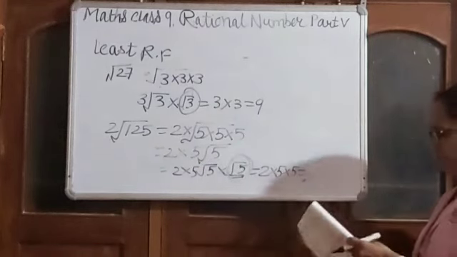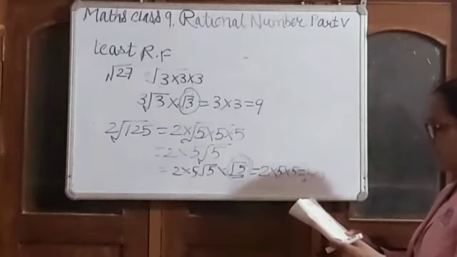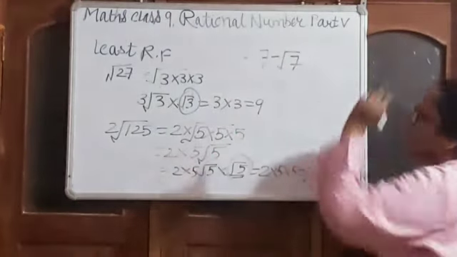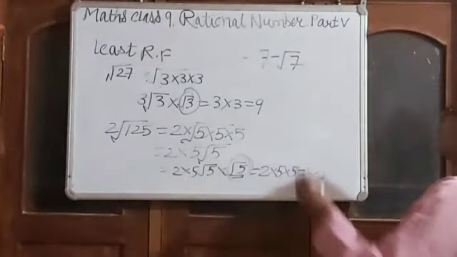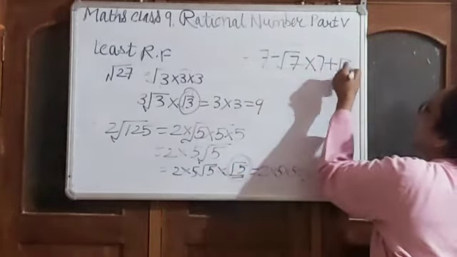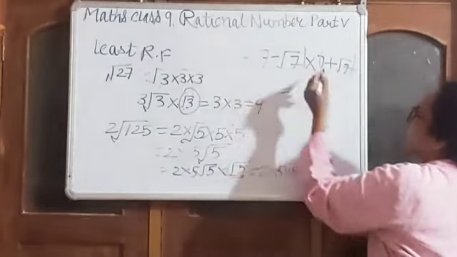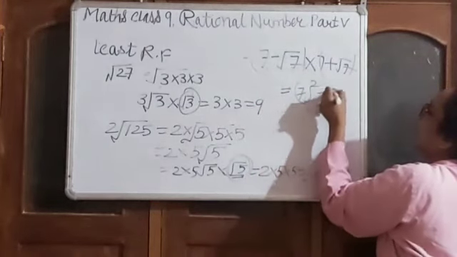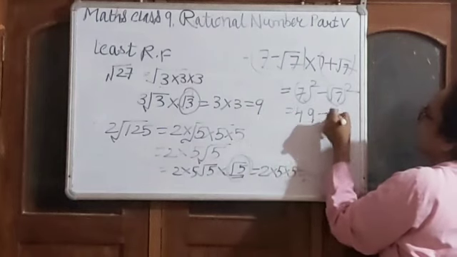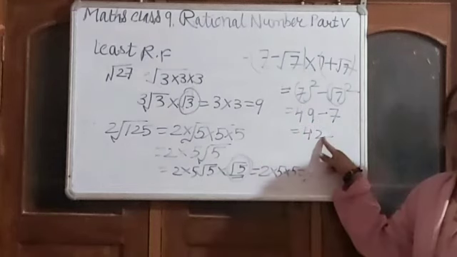We will discuss some exercise questions on the basis of the least rationalizing factor. See here, 7 minus root 7. When you multiply 7 minus root 7 by 7 plus root 7, we use the formula a plus b into a minus b is equal to a square minus b square. So 7 square is 49 and root 7 squared is 7, so the answer is 42. Our product is a rational number.